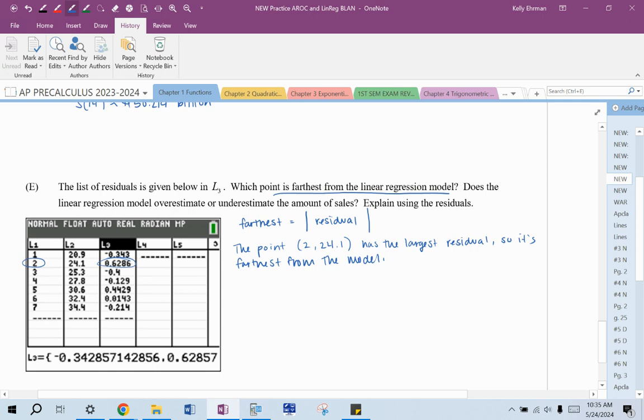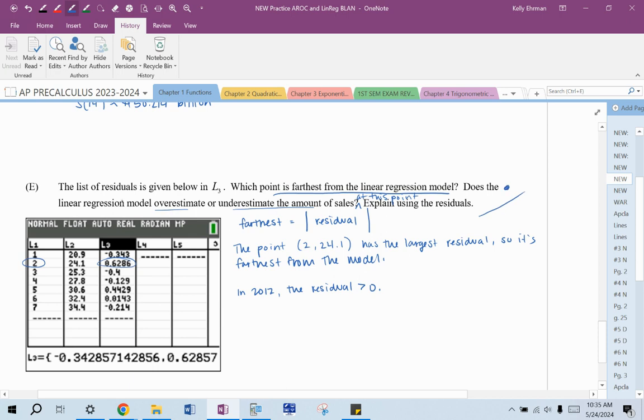There's another question. Does the linear regression model overestimate or underestimate the amount of sales? I meant to say at this point. Okay, so this is in 2012. So again, at the point 2, 24.1, is the line above or below? So if the residual is positive, in 2012, the residual is greater than 0. What does that mean? You might want to sketch this out for yourself. It means that the point is sitting above the line.